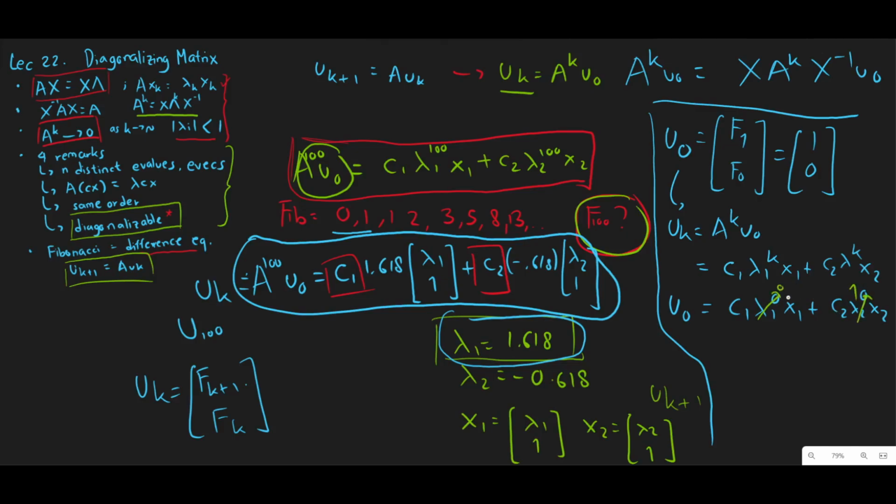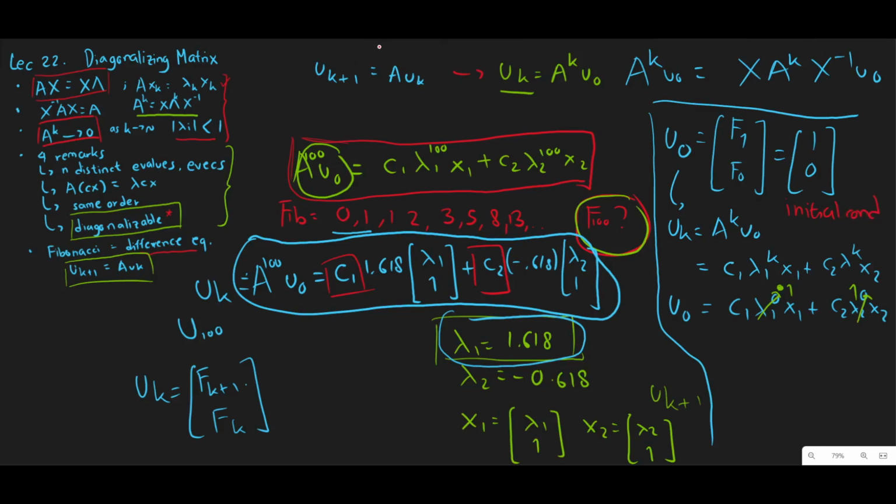This will also be 1. So you can find the constants by looking at the 0th term, the initial condition.